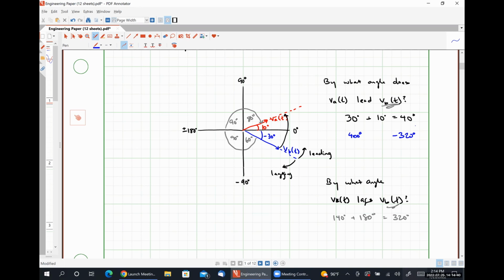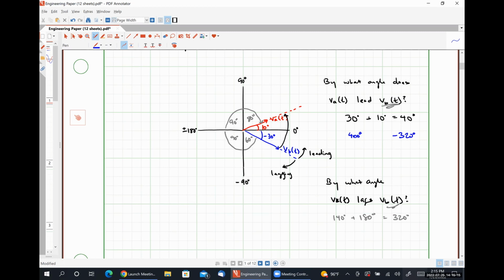You're not doing anything wrong whatsoever if WebWork tells you you're wrong. It's just incapable of acknowledging that these three angles actually represent the exact same quantity. So when you're working on these homework assignments, do not get discouraged if WebWork doesn't tell you you're right. Simply add 360. If that doesn't work, simply subtract 360. One of those three things will work.